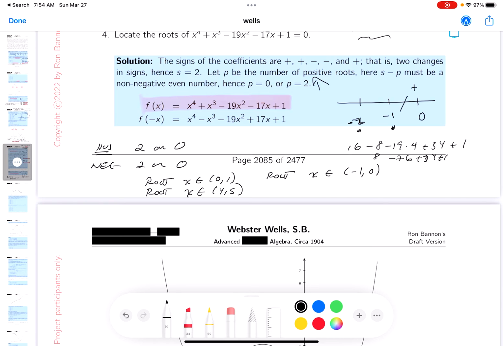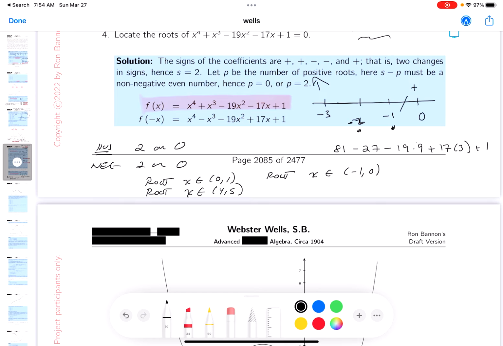It will reverse directions at some point. And the reason for that, the 4th degree polynomial. Here's this over here. Let's go to minus 3. And let's plug it in. What do you get? 81 minus 27 minus 19 times 3. I'm sorry, 19 times 9 minus 17 times minus 3. So I'll just put 3 over here. Plus 1.